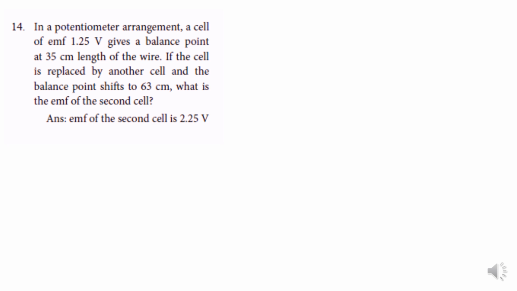So question number 14. In a potentiometer arrangement, a cell of EMF 1.25 volt gives a balance point at 35 centimeter length of wire. If the cell is replaced by another cell and the balance point shifts to 63 centimeter, what is the EMF of the second cell?